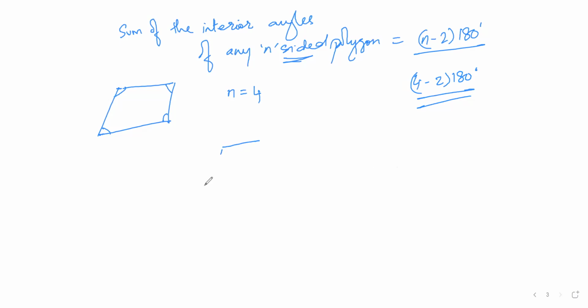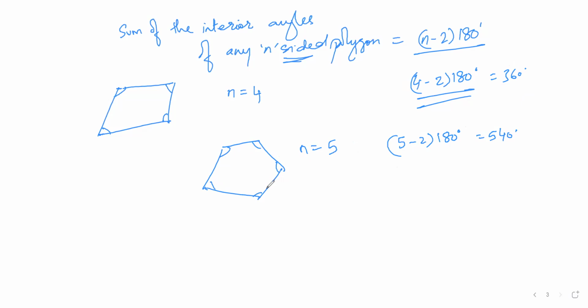Use pentagon. A pentagon has 5 sides, so n is 5. So we know (5 minus 2) into 180 is 540 degrees. Got it? So the sum of the interior angles will add up to 540 degrees.